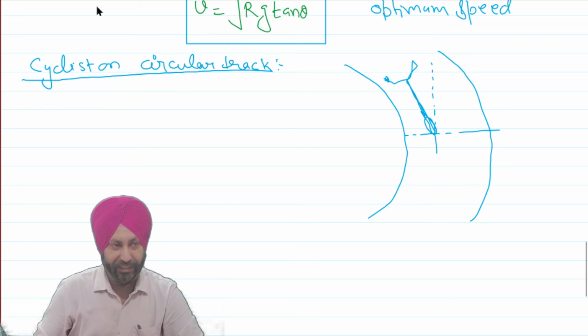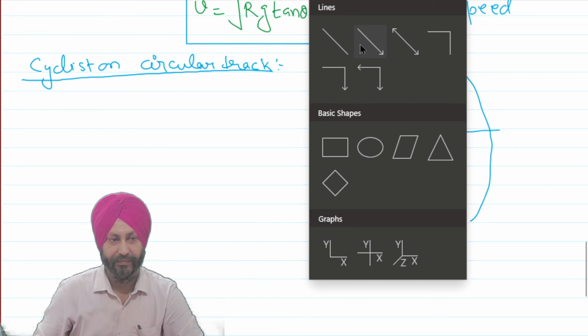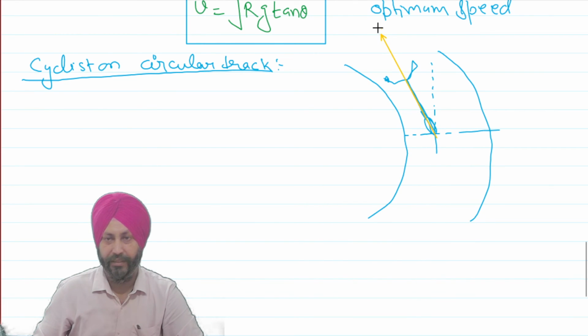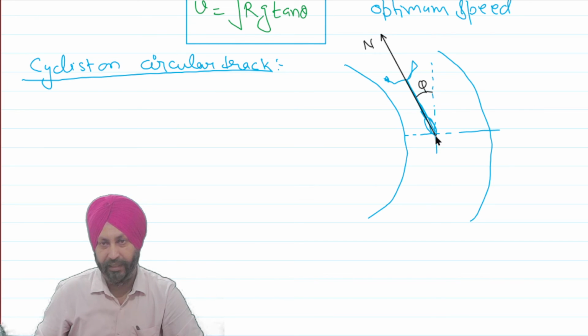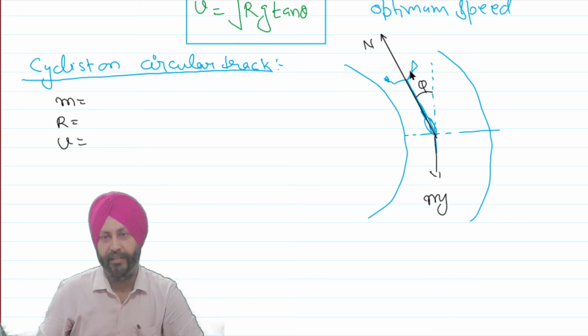This is the normal reaction. Here is the normal reaction in this direction. Let it be black. This is the normal reaction at an angle theta. The cyclist has weight mg, with m, r and v as the standard terms.